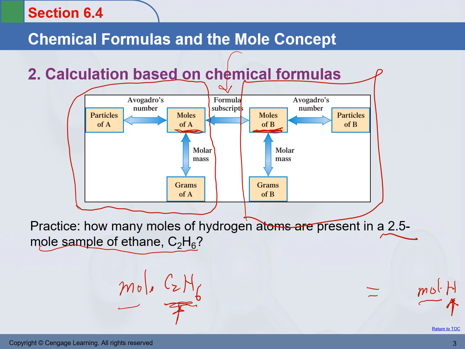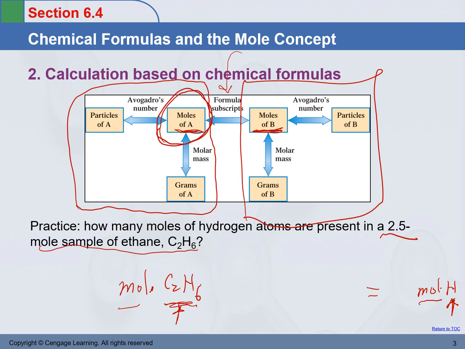Well, let's map the question to the flowchart again. We know moles of something, so you can consider we are in this location. We know moles of A. In this case, A represents C2H6, ethane.